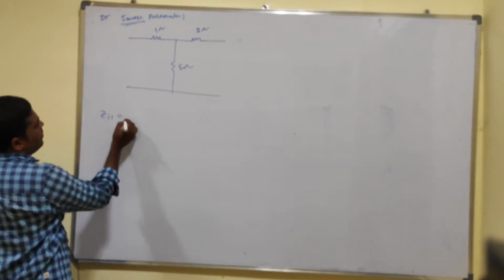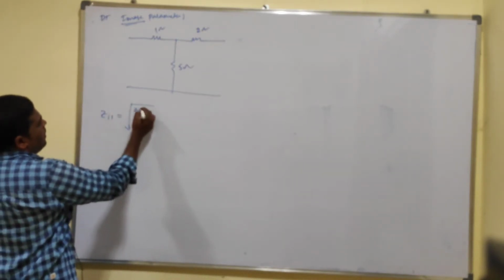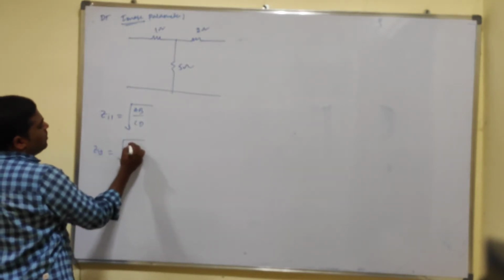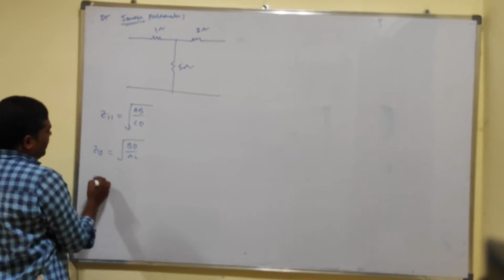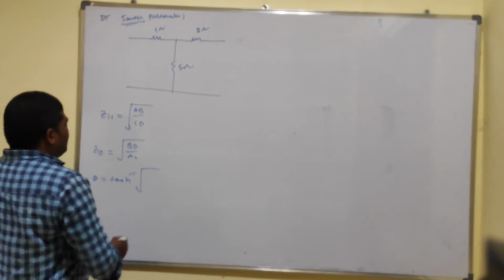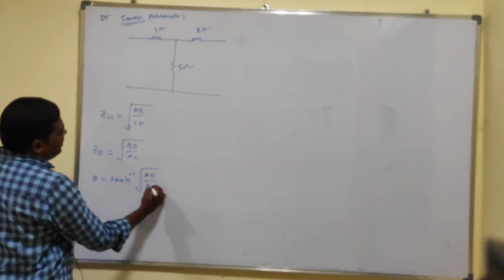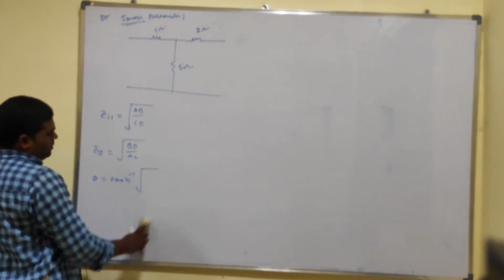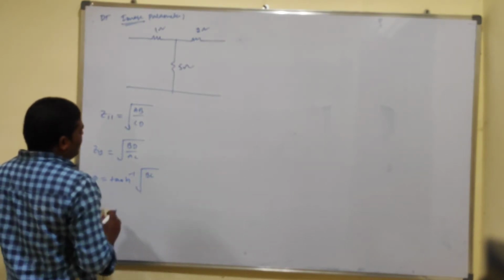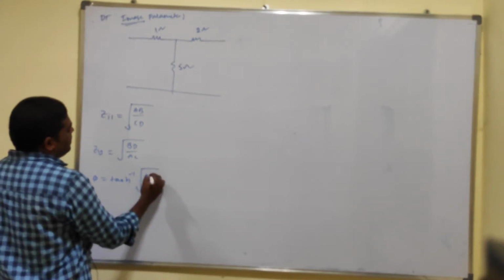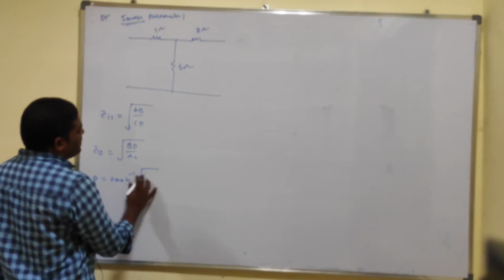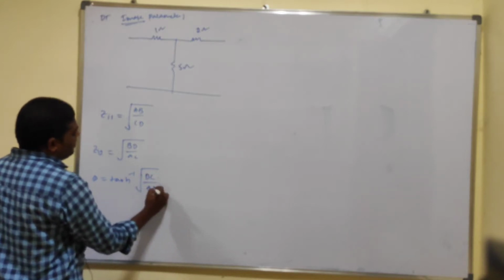So Zi1 equals under root AB by CD, and Zi2 equals under root BD by AC, and psi equals tanh inverse under root BC by AD.